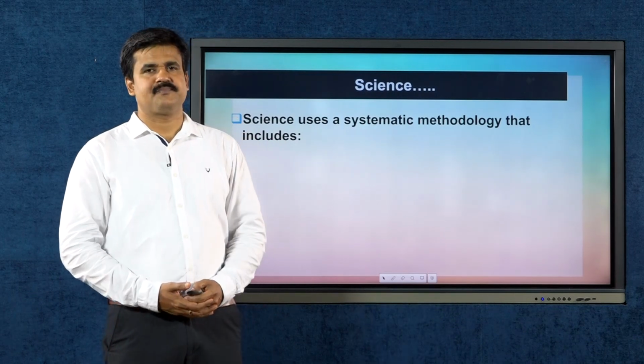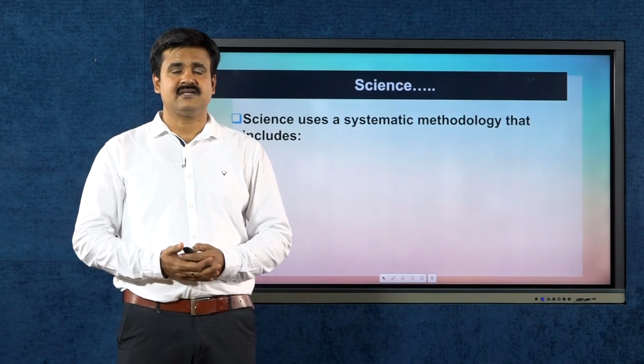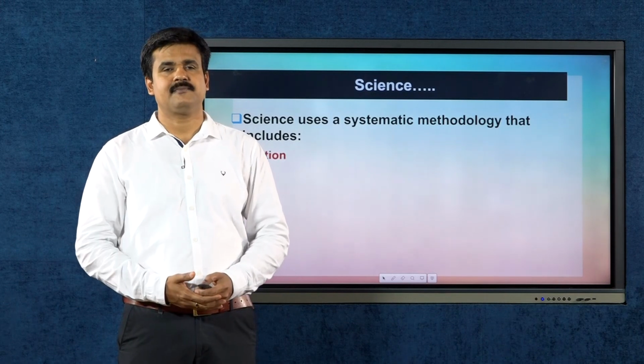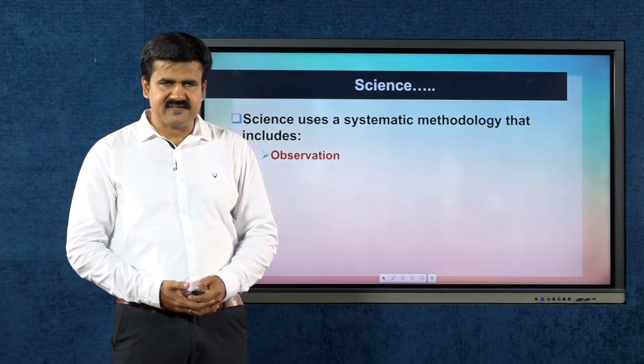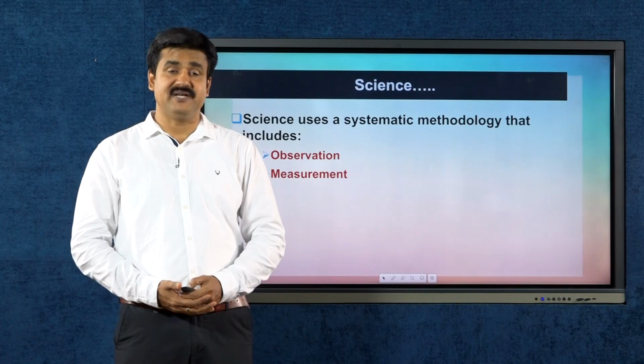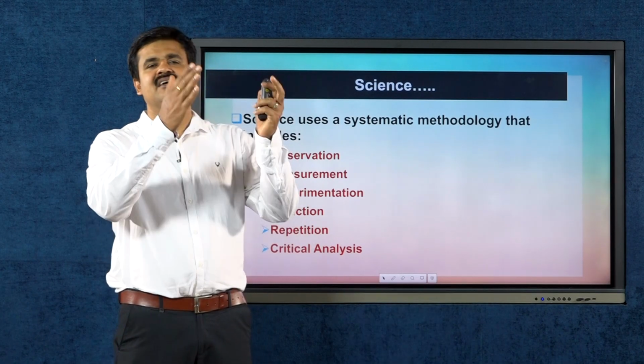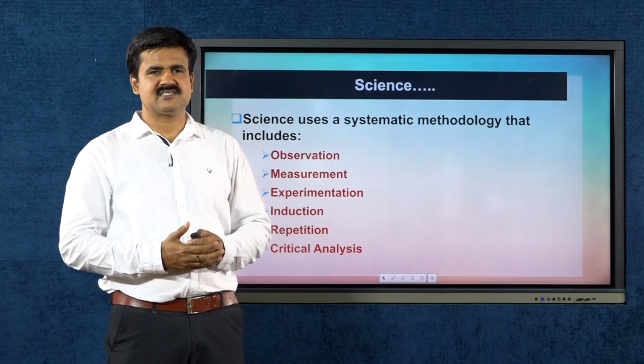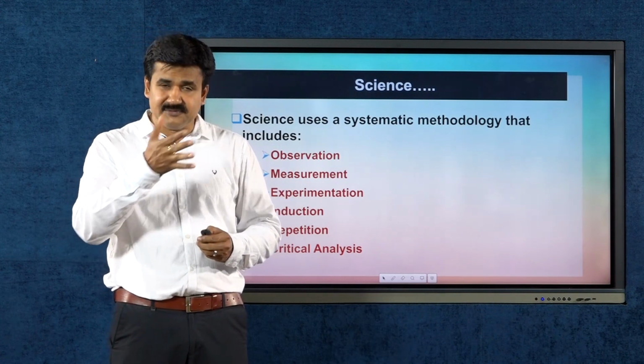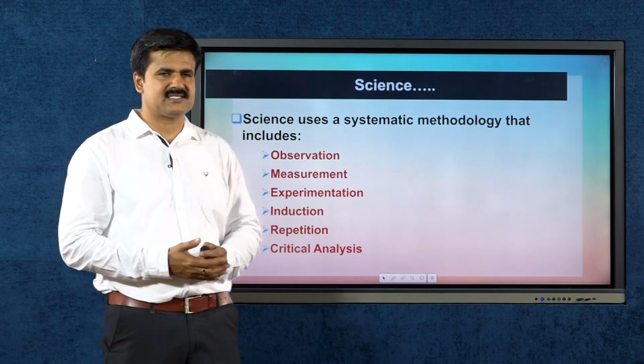Science uses a systematic methodology which includes the following. First one, observation, then measurement, followed by experimentation, followed by induction, then repetition of experiments, and critical analysis. So, the entire science branch proceeds through these steps.